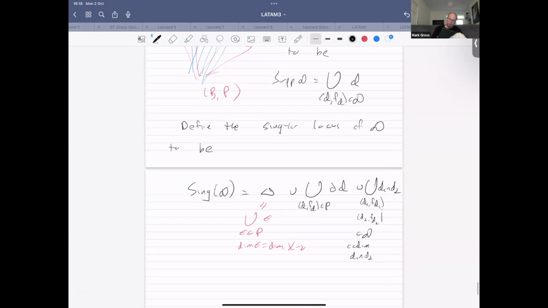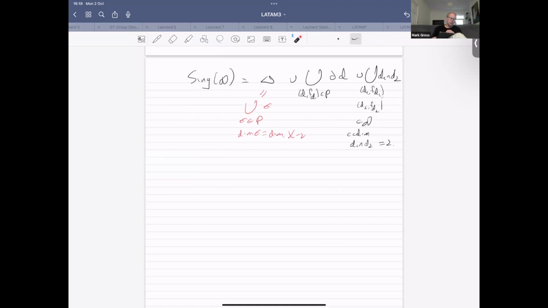So wherever 2 of these cones meet transversely in something that's codimension 2, I throw that into the singular locus. The boundary of a wall is in the singular locus, and the original singular locus Delta of B also lies in the singular locus.